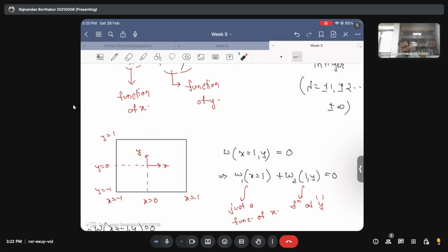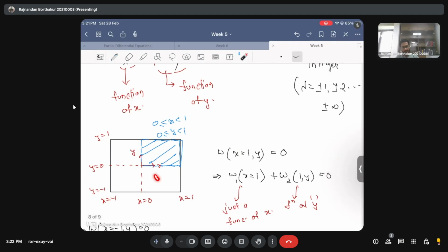Okay, which means it just suffices to now solve the problem in this hatched area only, because whatever solution we'll get in this hatched area, which means that my x now varies from 0 to 1 and my y now varies from 0 to 1, is going to be the same in all the rest of the three quadrants, because the problem is just symmetric. Basically, that's one way of putting it.